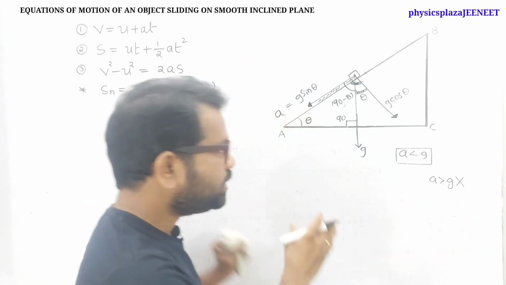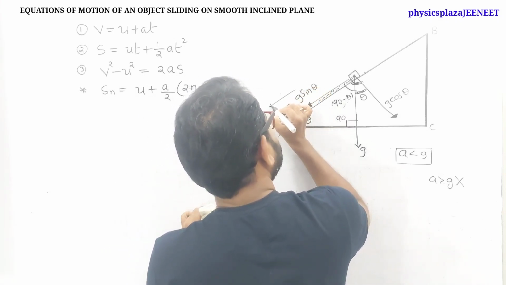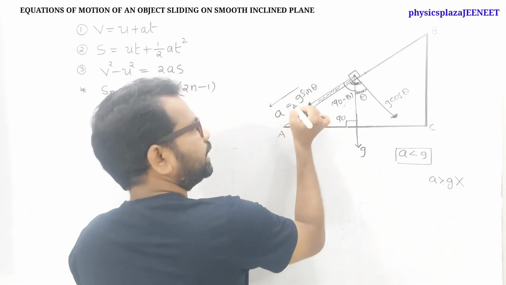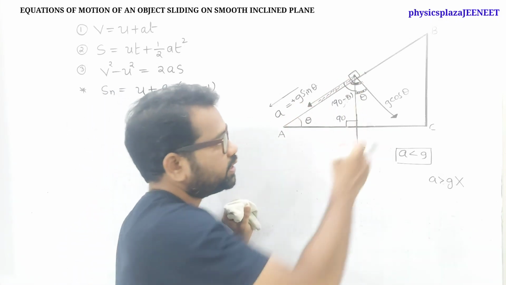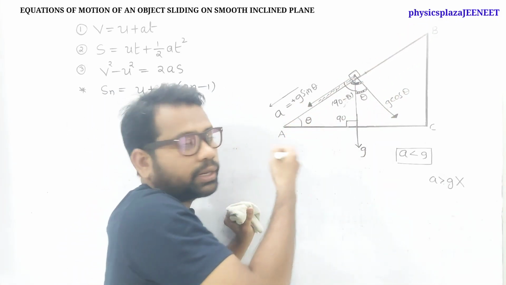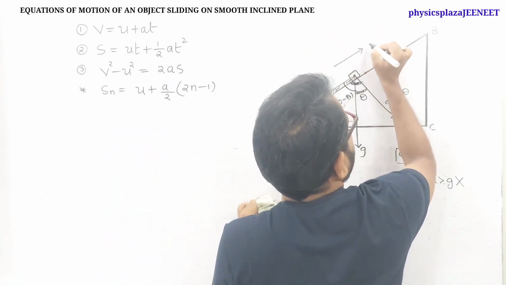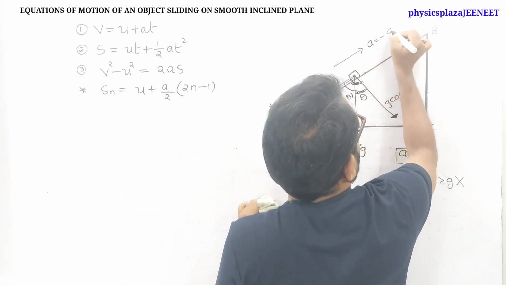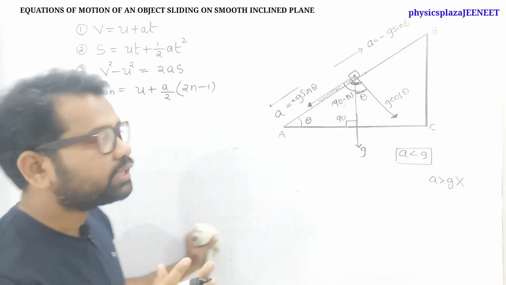But in this case, when a body is sliding in this direction, we take it as plus. It is not always that the body slides down only; it can slide in the upward direction also. When it slides upward, we can take a is equal to minus G sin theta.